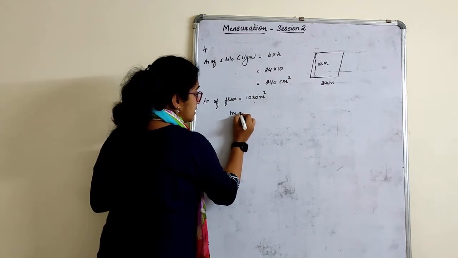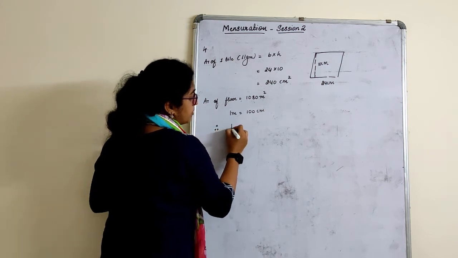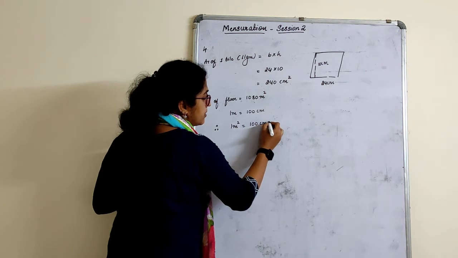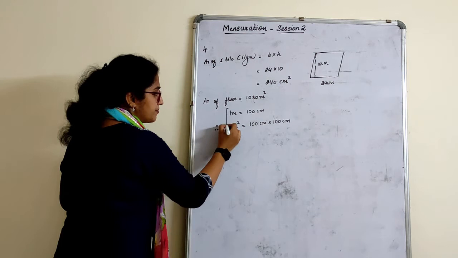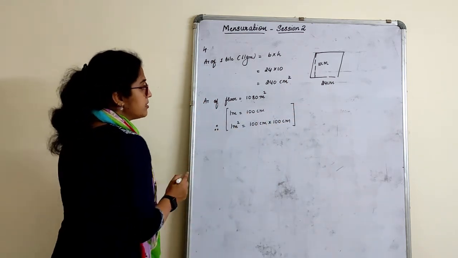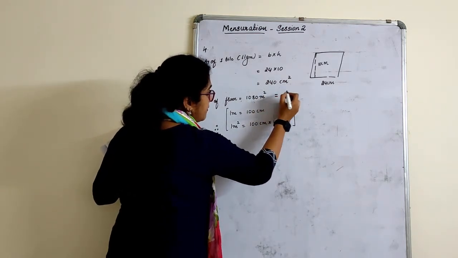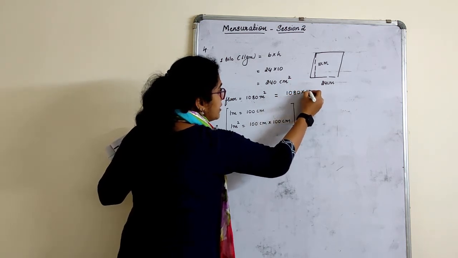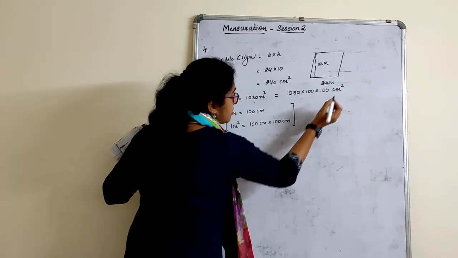1 meter is equal to 100 centimeter. Therefore, 1 meter square is equal to 100 centimeter into 100 centimeter. Remember this, children. What I have written here, we can use this later. So, area of the floor, directly I will write this as now 1080 into 100 into 100 centimeter square.